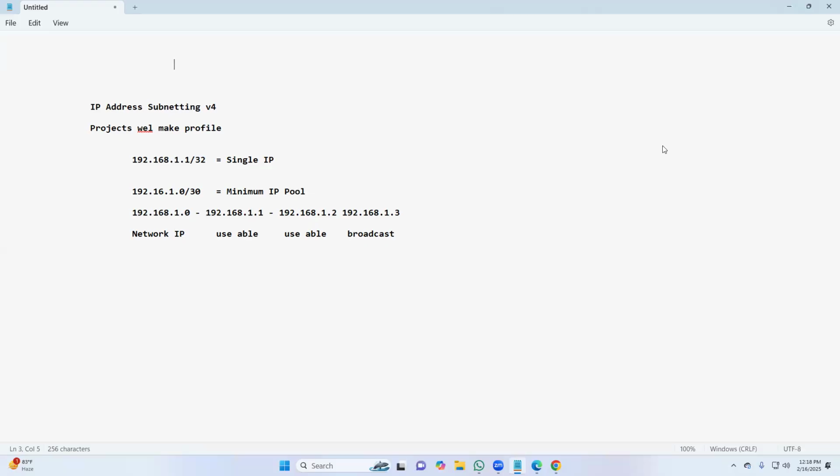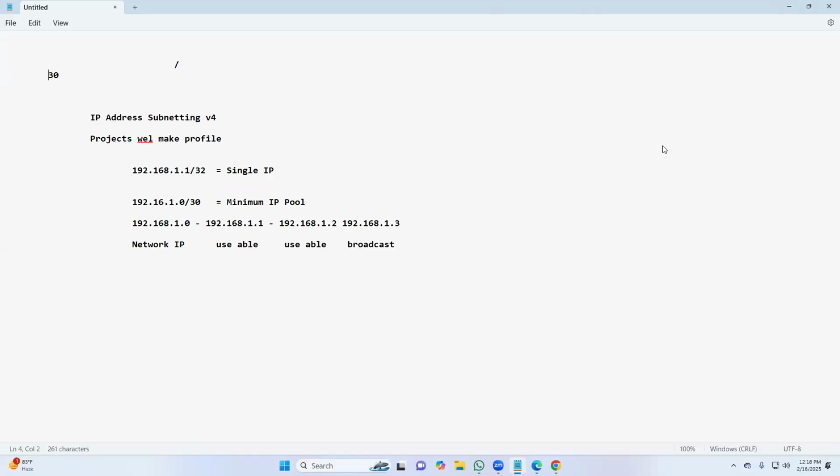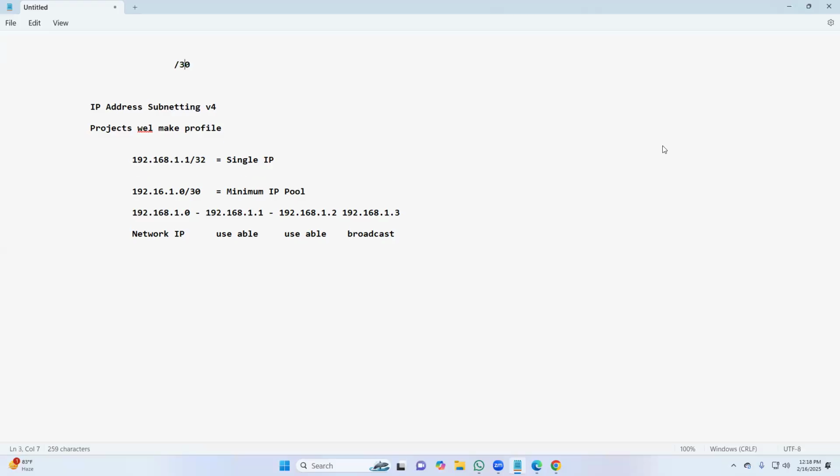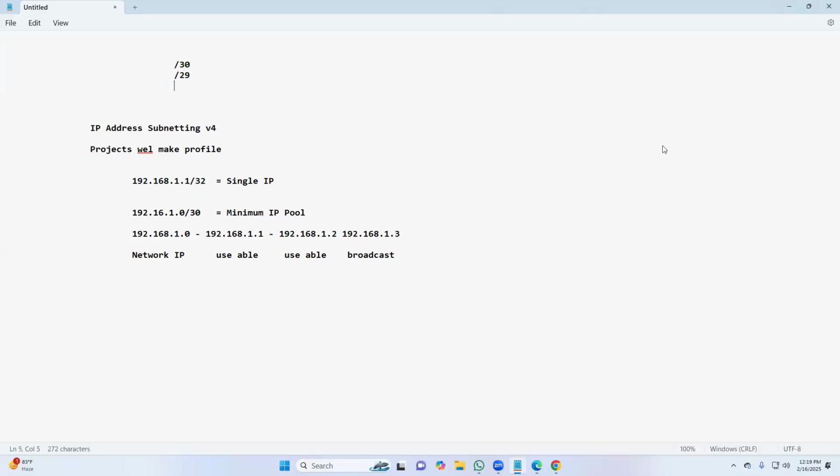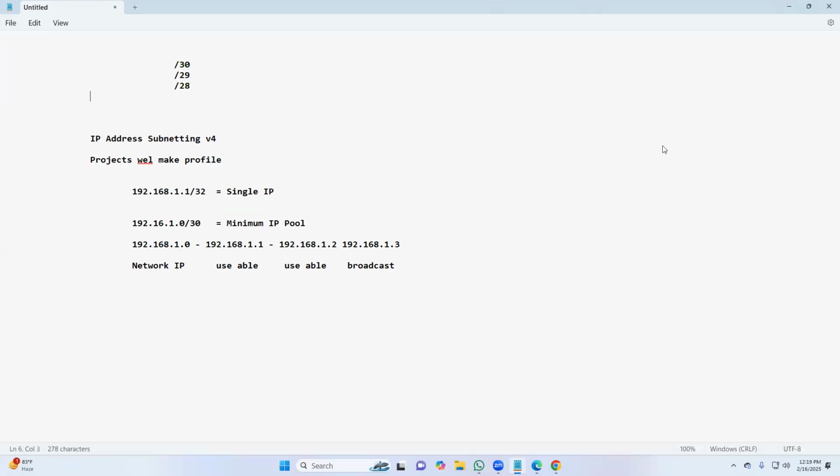So your pool starts from /30, then /29, /28, /27, like this. Basically, this is the boundary. You can say this is subnetting.